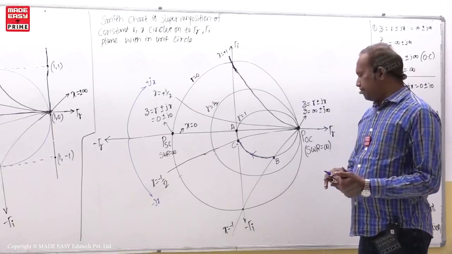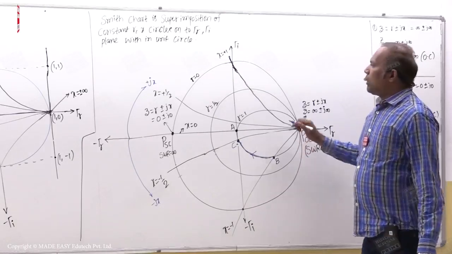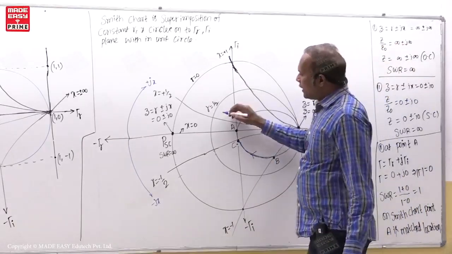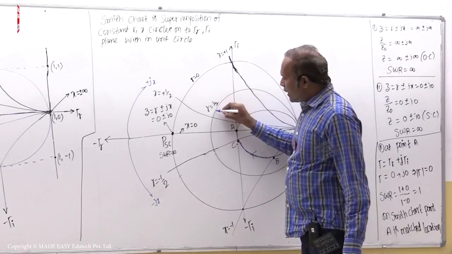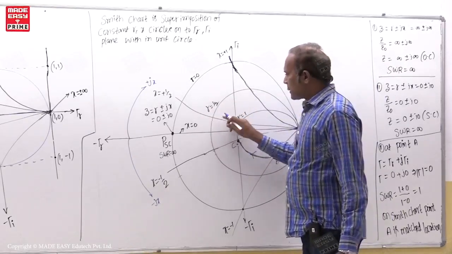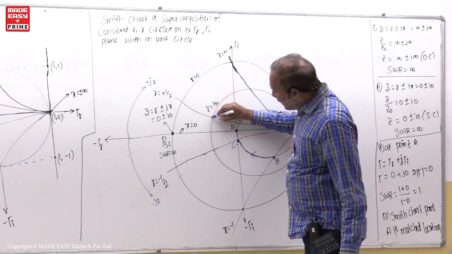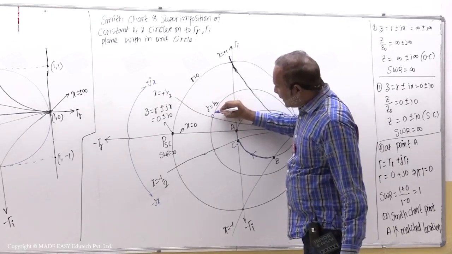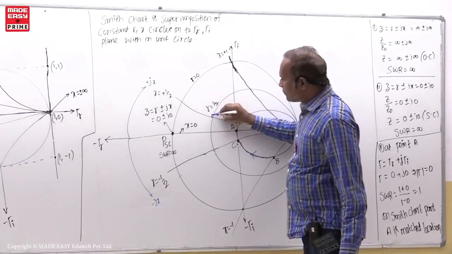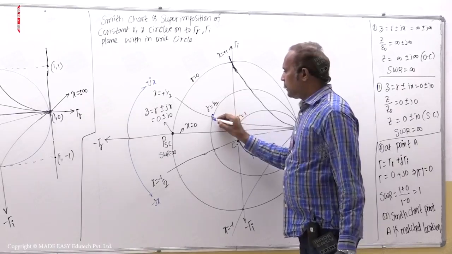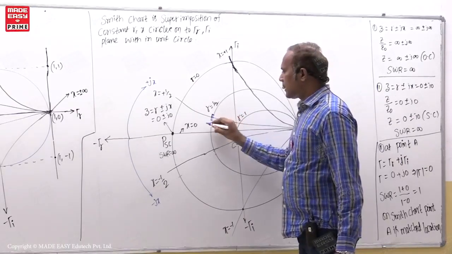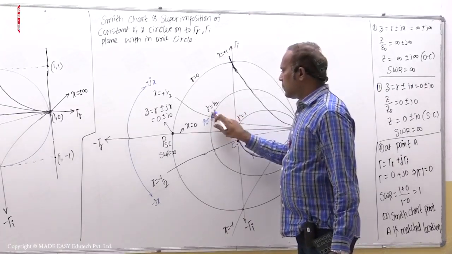Next point. For example, you take this one: this is a constant R circle, and this is a constant X circle. Wherever they meet, the meeting angle will be exactly 90 degrees.